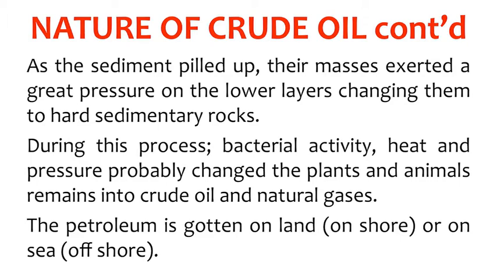During this process, bacteria will now act on it and then convert it into what we call hydrocarbon. Whenever this is converted, the petroleum product or crude oil is gotten either on land or inside the sea.